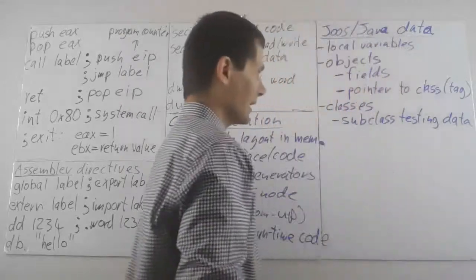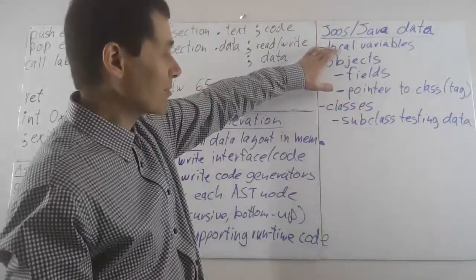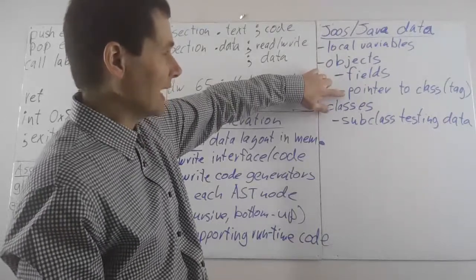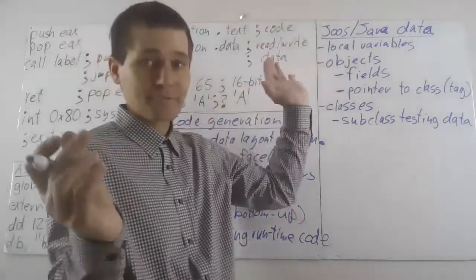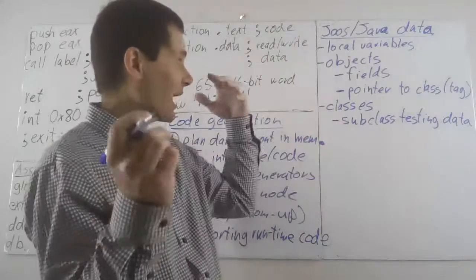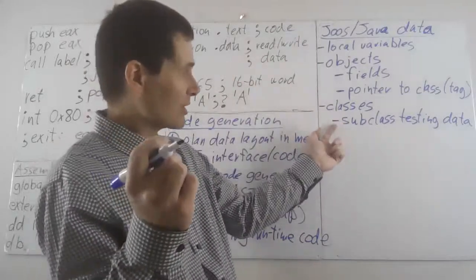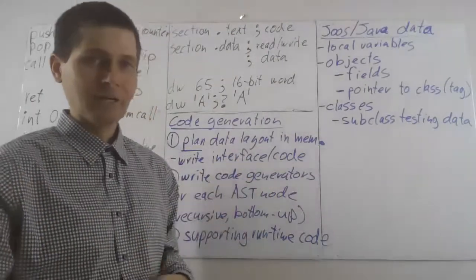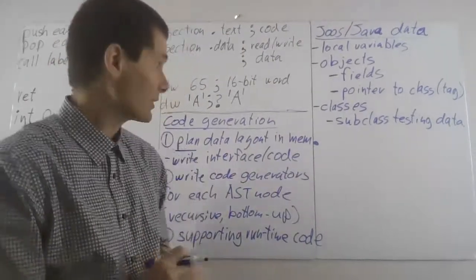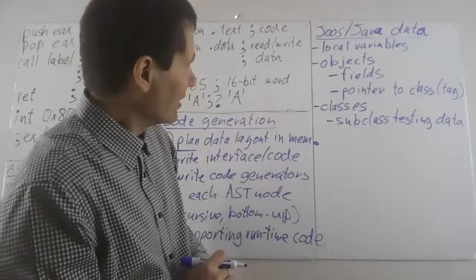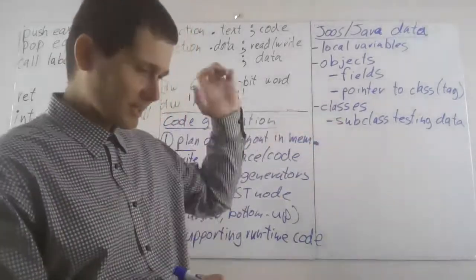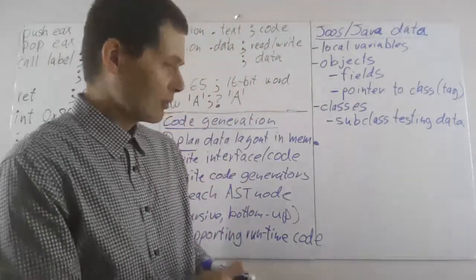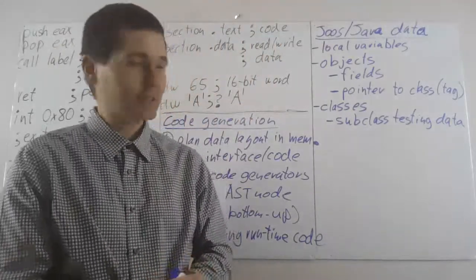So if I have an object and its runtime type is apple, and you do an instanceof Fruit, I need enough information about apples to know that they are a kind of fruit, to be able to implement the instanceof test at runtime. Okay, so that's the subclass testing data. I'm going to need to encode that in a class.